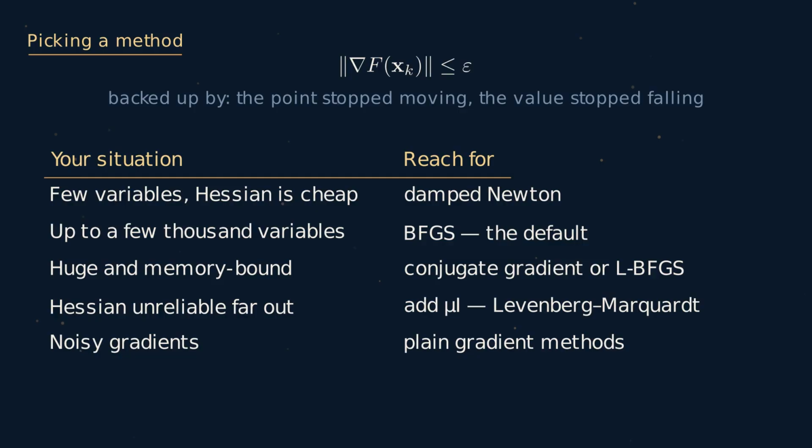A few thousand variables: BFGS, almost always. Millions: conjugate gradient or limited memory BFGS. Unreliable curvature: shift it. Noisy gradients: do not bother estimating curvature, the noise will drown it.